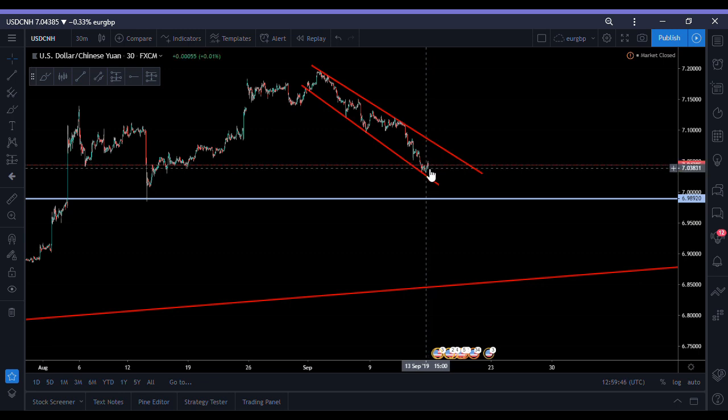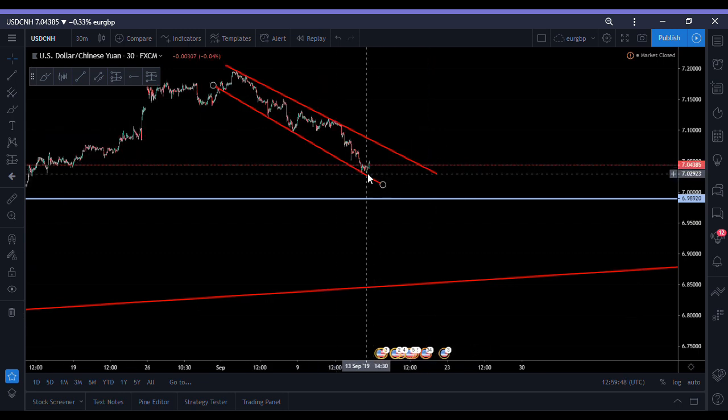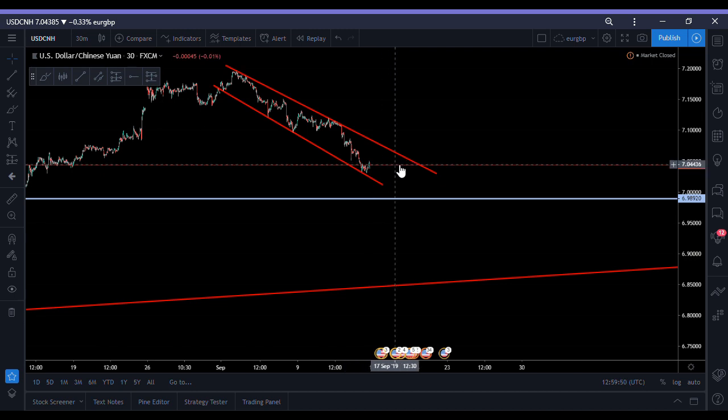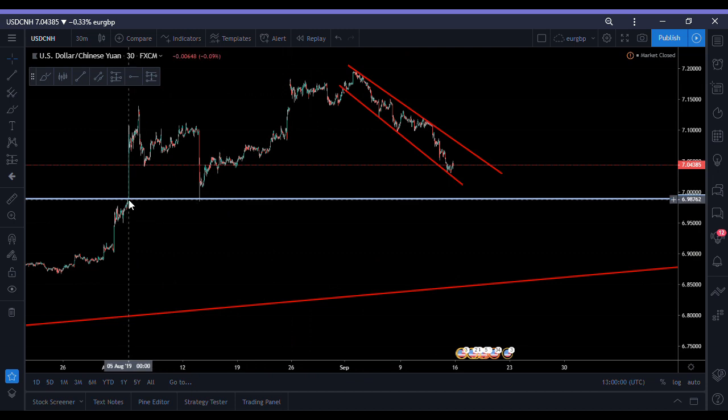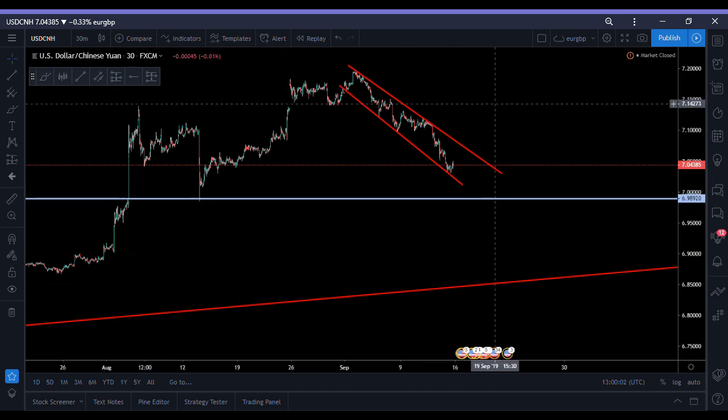So what I'm looking for is either a consolidation, with price moving in a consolidation area from this area to here, then we can put it downside. The overall movement has to test this area, then we can move to the upside.